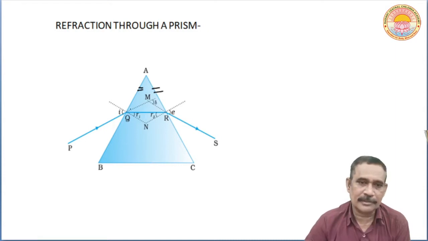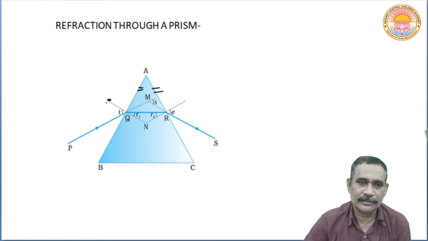Light ray PQ is incident at a point on the surface AB, and it moves from rarer to denser, so it will bend towards the normal. This is the normal here.